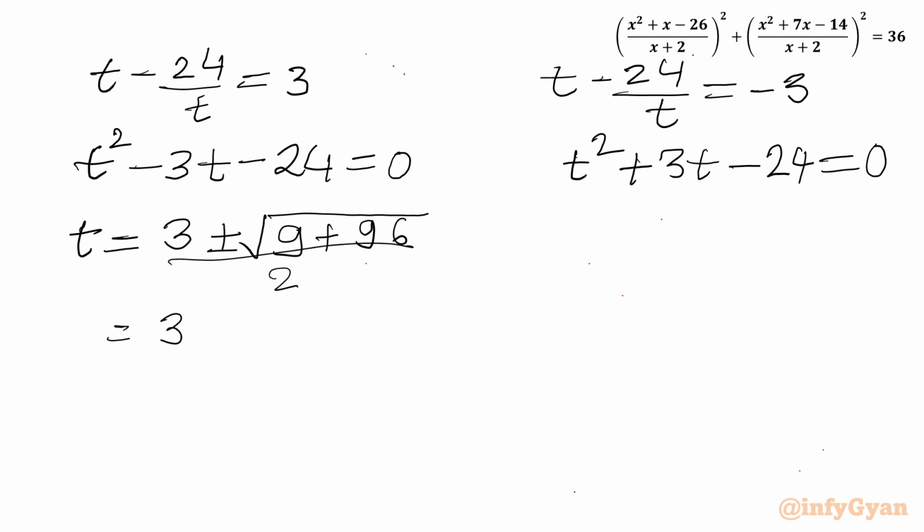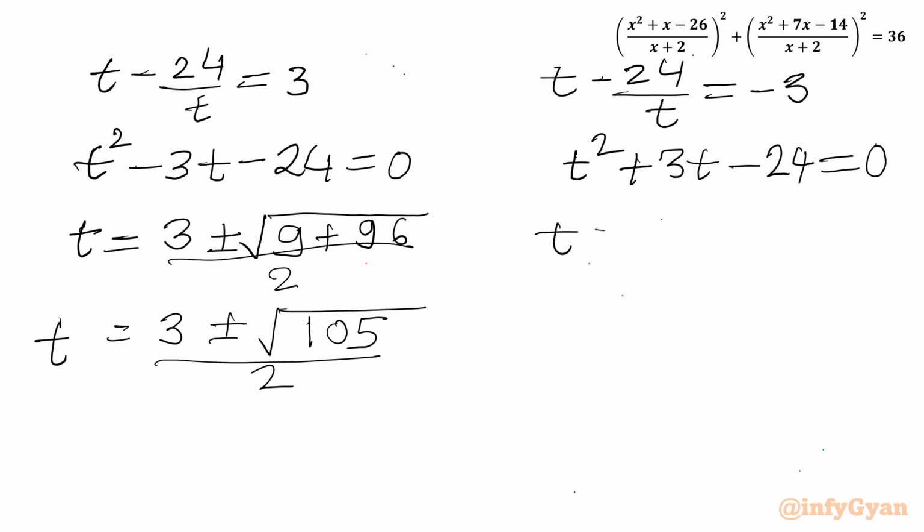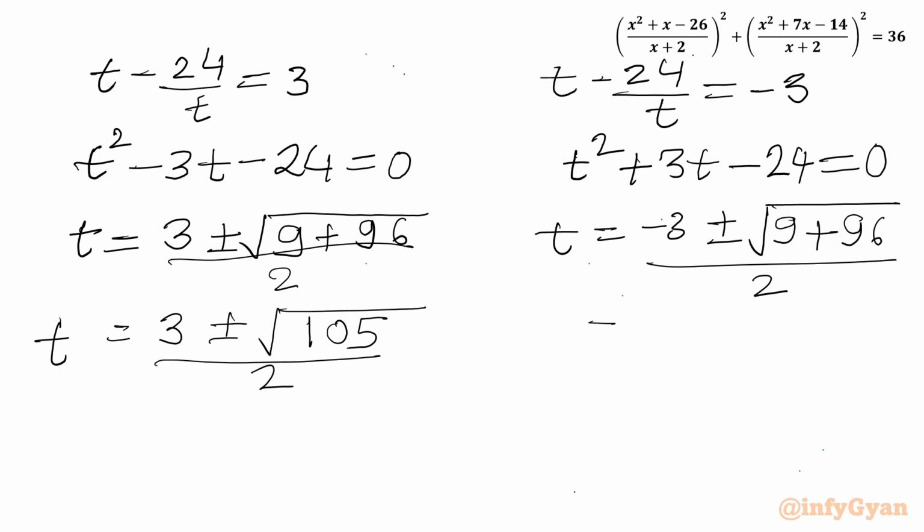Further I can write (3 ± √105)/2. So we have two values of t. Let's solve the second quadratic also. So t will be equal to (−3 ± √(b² − 4ac))/2a, or I can write (−3 ± √105)/2.